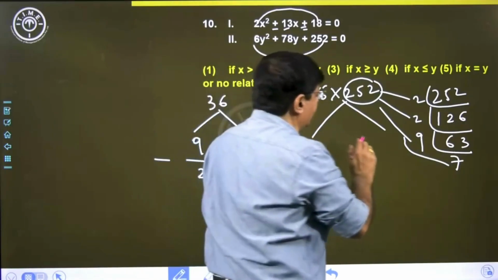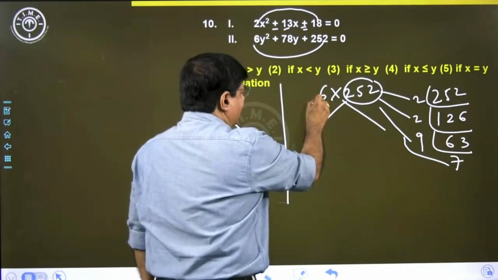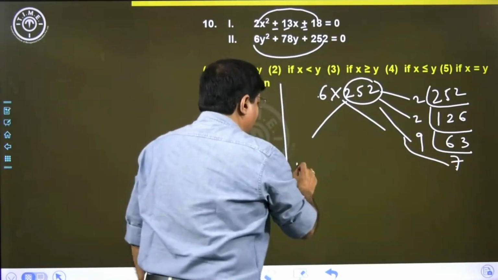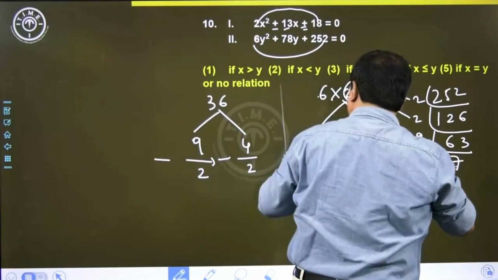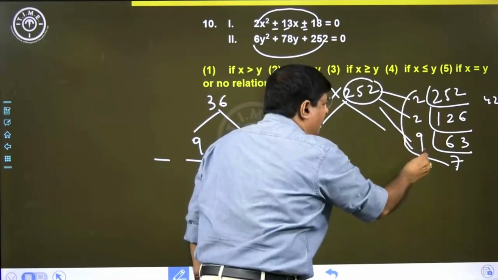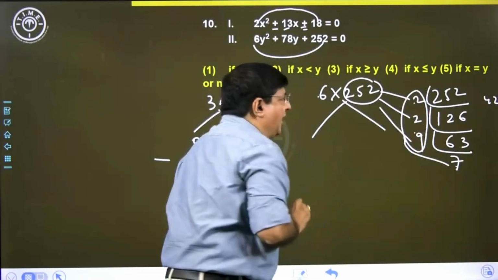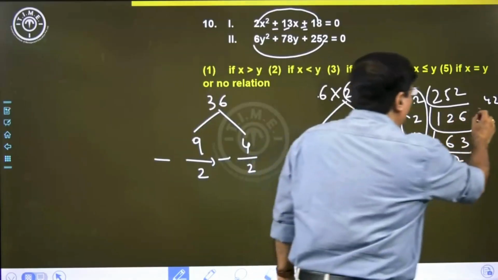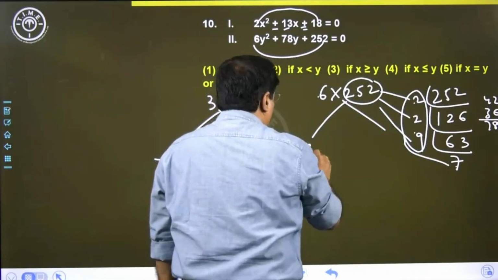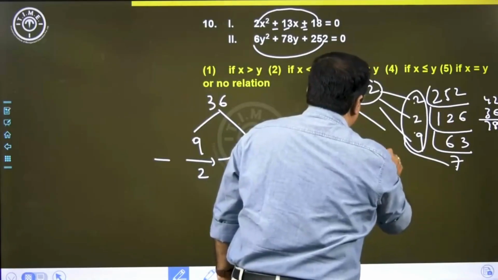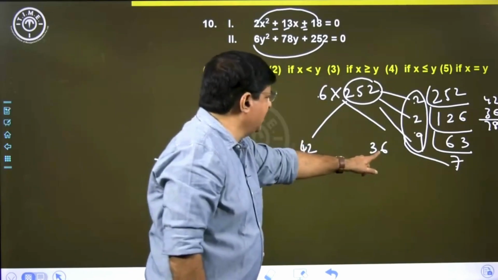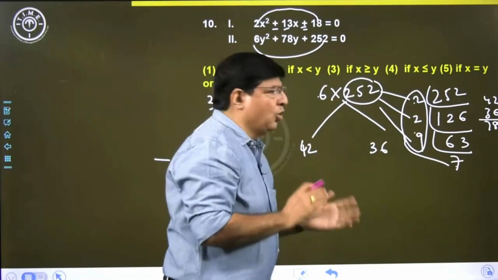So let's see here, 6 and 7, 42, and then I am left over with 9, 2 and 2, 9, 2, 18, 18, 2 is 36, I am left over with 36, so this I get 78. So bigger number first, 42, smaller number 36 next. So 42 plus 36 is 78, 42 into 36 is same as 6 into 252.